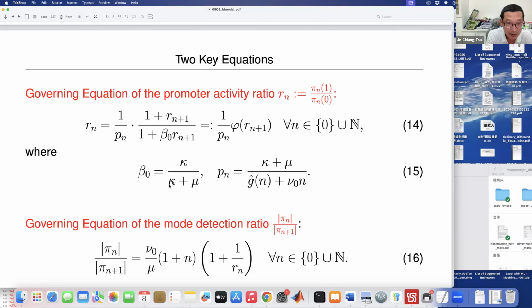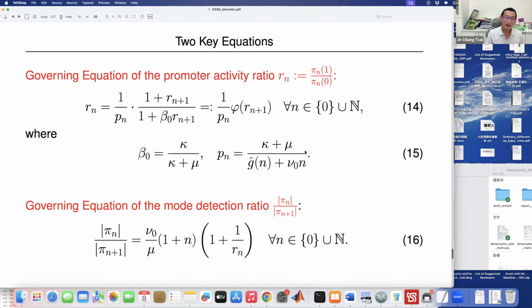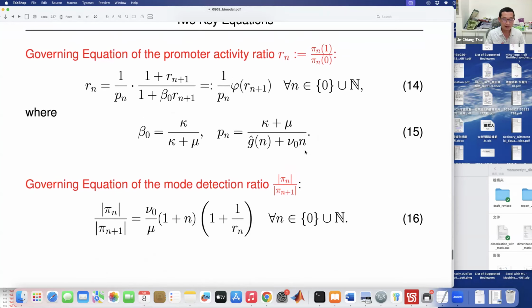And just do some manipulation, and we can divide these two equations. You also need to carefully derive some a priori bound for the solution of the truncated system, and then we can derive these two equations.